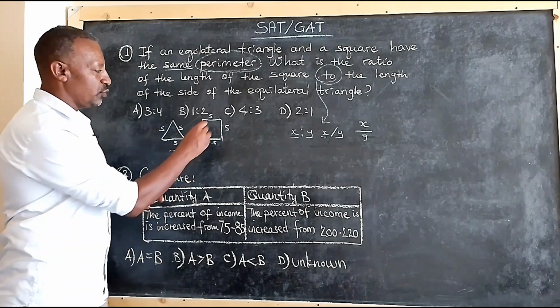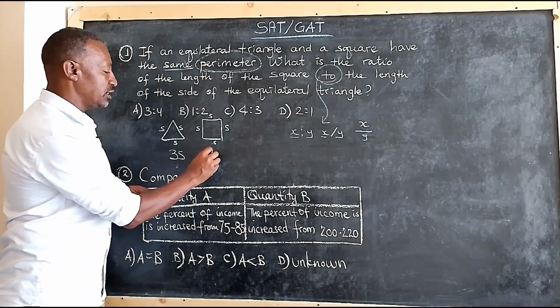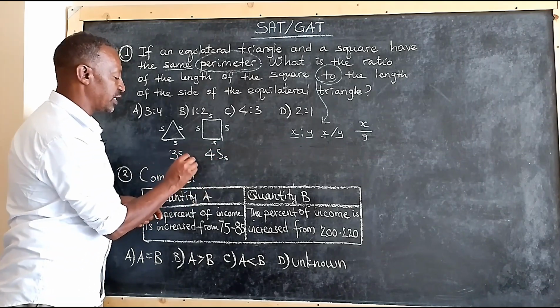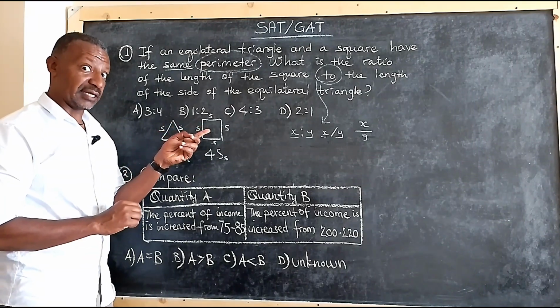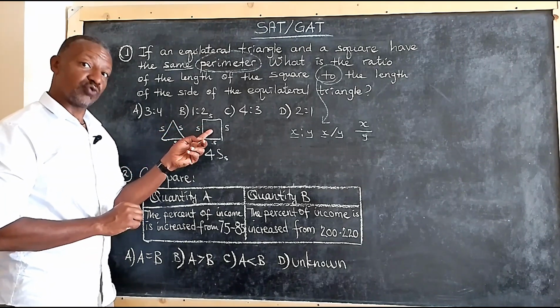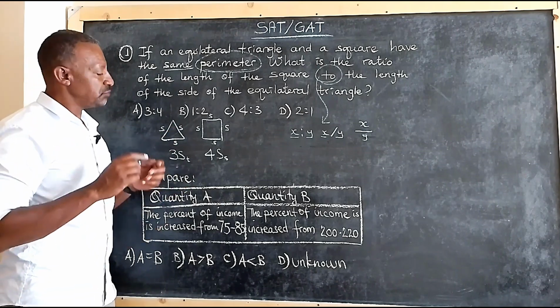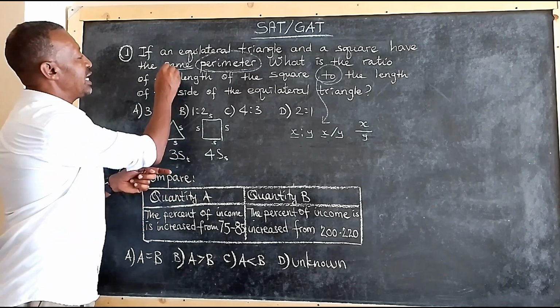For the square, you add all 4 sides, so it has to be 4s for the square, 3s for the triangle. But you have to understand that area cannot be calculated like that. Area of a square is s squared. The area of a triangle is half base times height. It's different from perimeter. Great. The point is, the perimeters are equal.